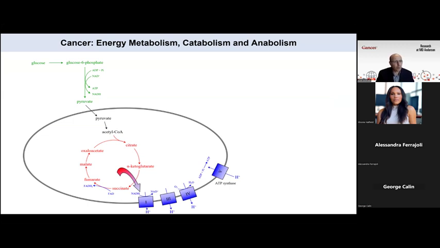Before we go deeper into the research, I want to give you a general brief introduction to catabolic and anabolic processes in our cells. Catabolic processes are for energy production and anabolic for biomass production. What you see here is the process of glucose oxidation in the cytosol into pyruvate.